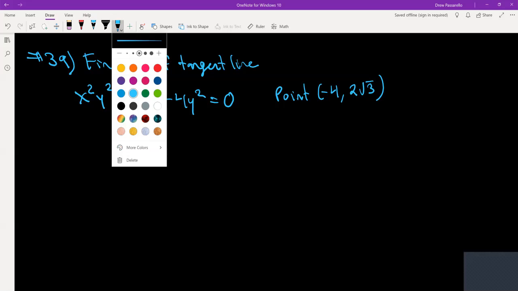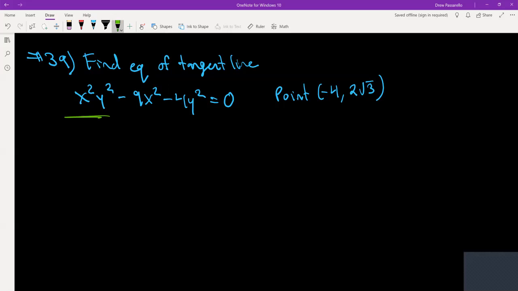So I'm going to first focus on taking the derivative of x squared y squared. And again, I'm going to be using the product rule because I have a product.